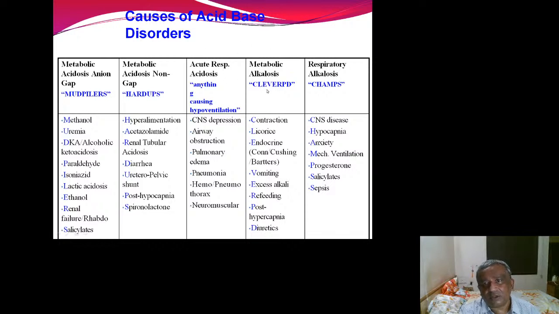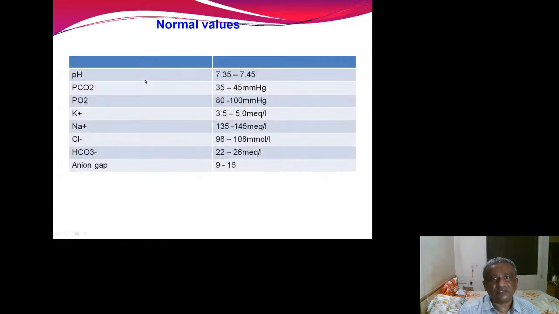Metabolic alkalosis: contraction, licorice, endocrine disease like Conn's, Cushing's, Bartter's, vomiting, excess alkali, refeeding, post-hypercapnia, and diuretics. Respiratory alkalosis: CHAMPS, CNS disease, hypoxia, anxiety, mechanical ventilation, progesterone, salicylates, sepsis. This all you have to learn by heart. But if you know the basics, then so many things will be clear in this.